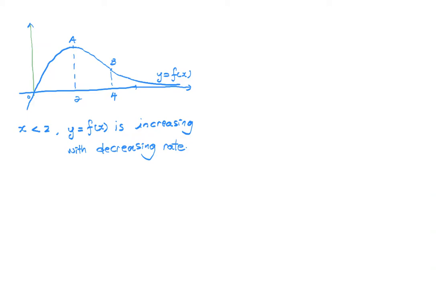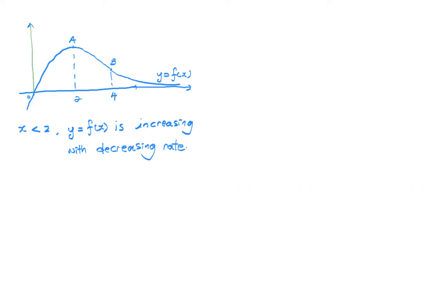When you have the sense of the graph, you are talking about the gradient of the graph. You're talking about gradient as the steepness of the graph. So the graph becomes less steep. If those who cannot figure out, you look at the steepness of the graph.